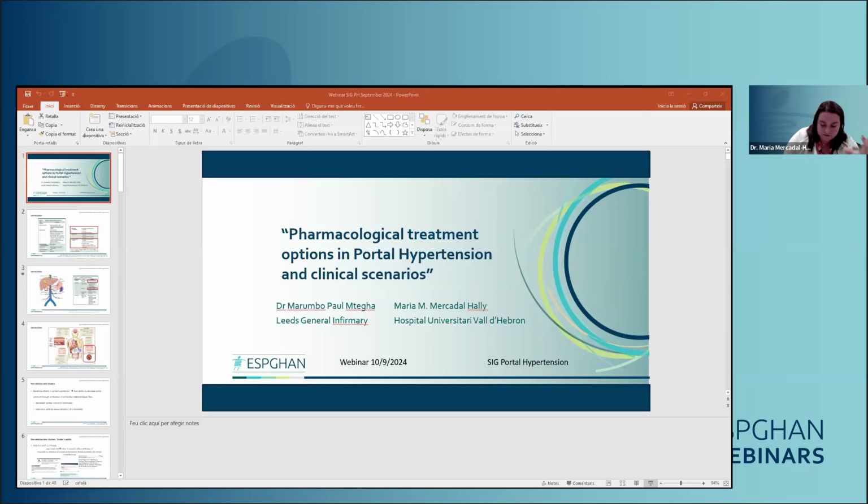So one of the first consequences of this portal hypertension is that the patients develop portal systemic collaterals. So the therapies for portal hypertension were developed to prevent variceal hemorrhage because of the high incidence of this bleeding that actually associates a high mortality rate.